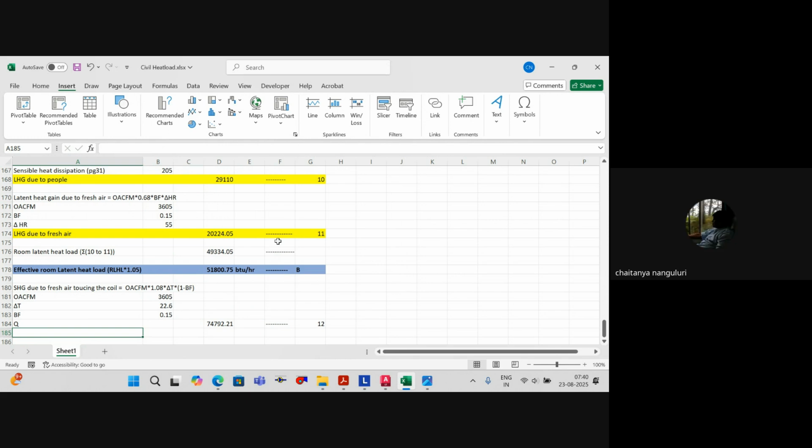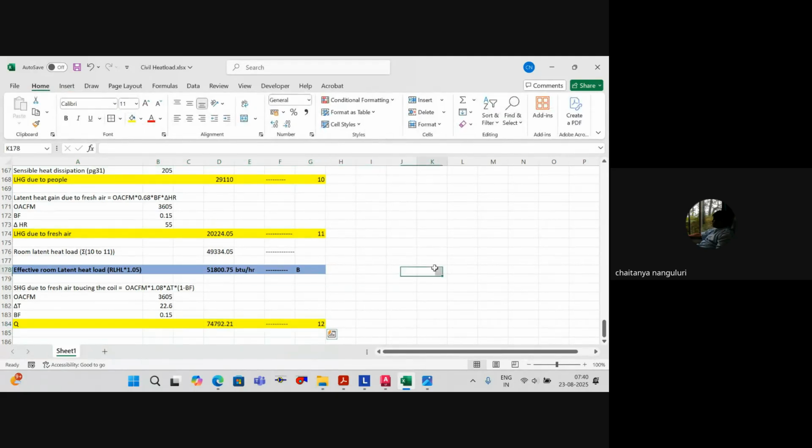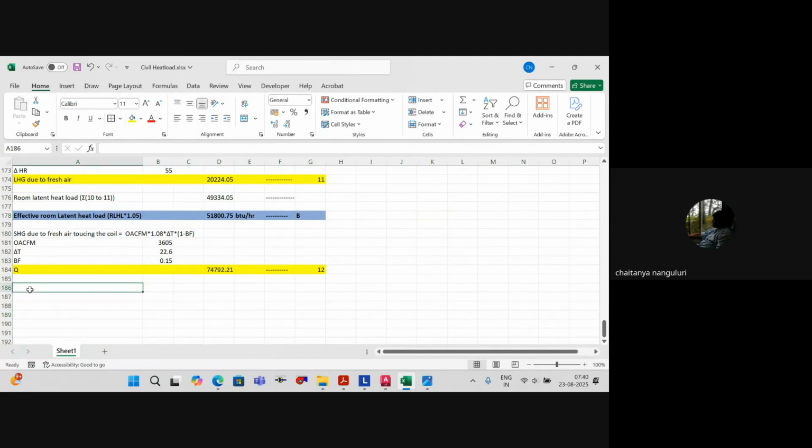Okay. Then coming to the next one, sensible heat gain due to coil load. This also I'll make yellow. This is the value. Then the next one we have to do, after the sensible heat gain due to air touching the coil, is the latent heat gain due to air touching the coil.